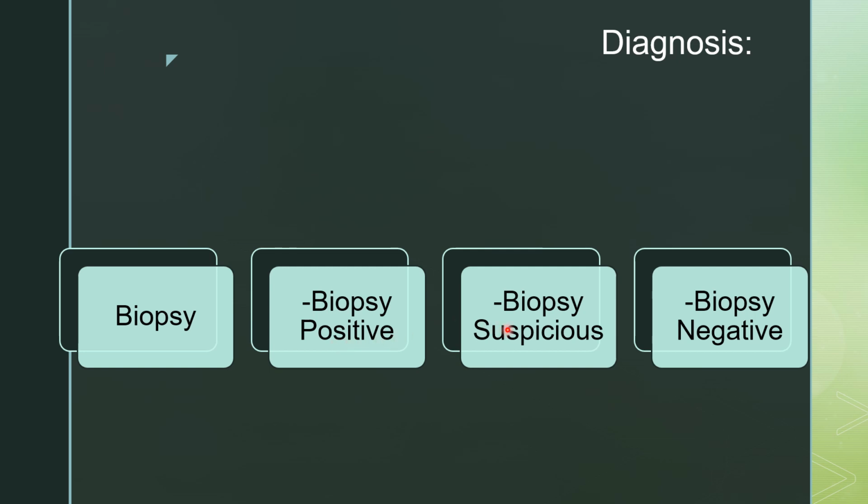When it is biopsy suspicious, it means it's not quite definitive, meaning we cannot rule it out and we are not saying definitively that it is cancerous. However, it is abnormal. That is biopsy suspicious.